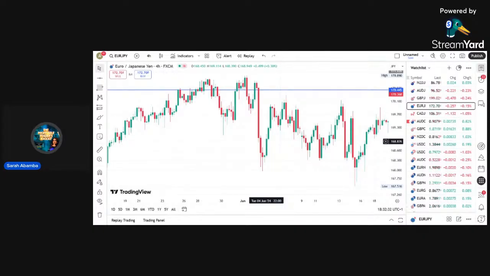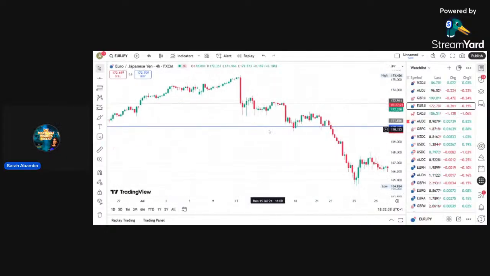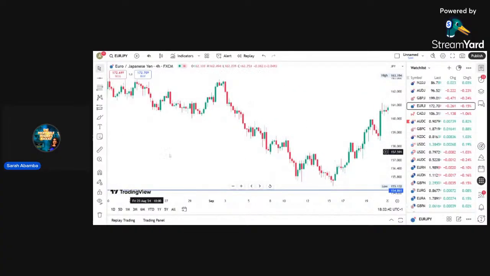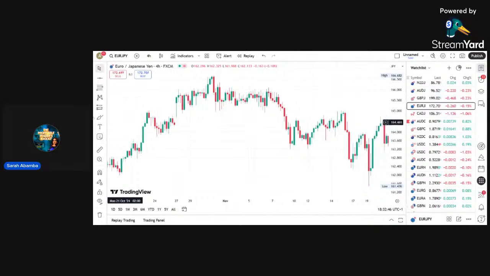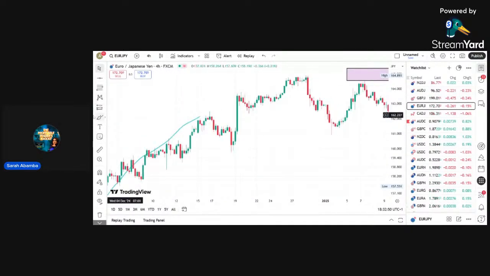So the next thing we are going to be looking at is the head and shoulders pattern. So let me draw it out first before I do anything.